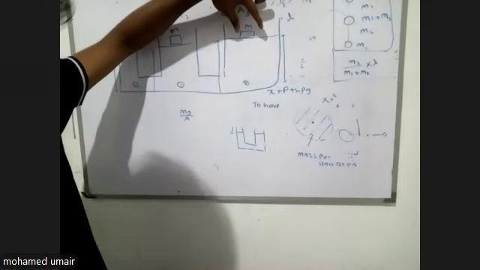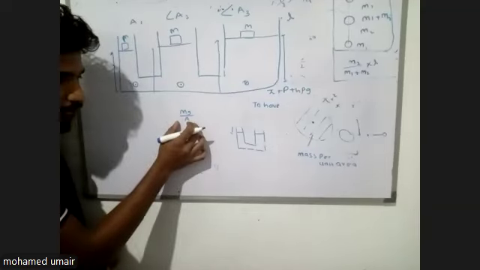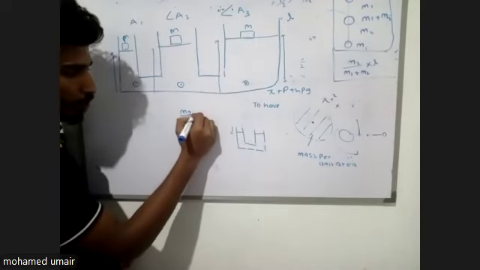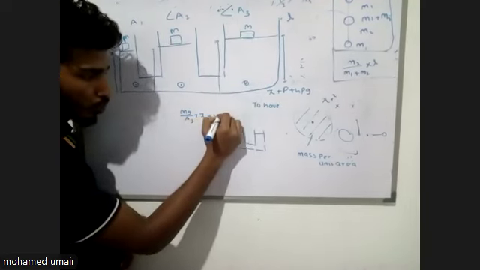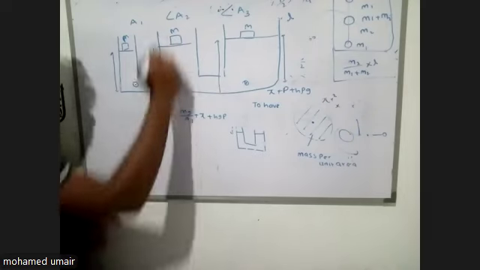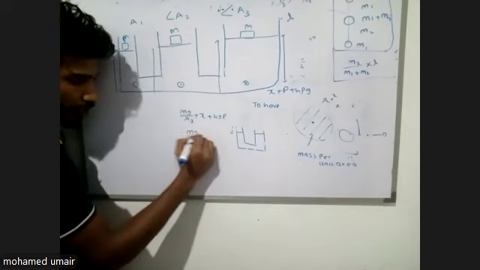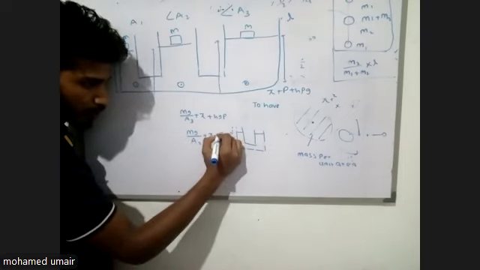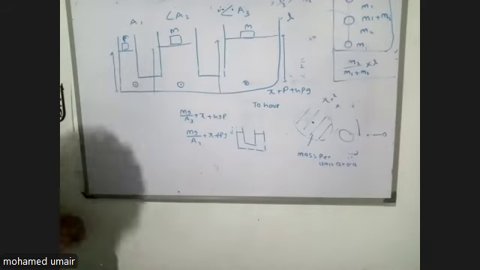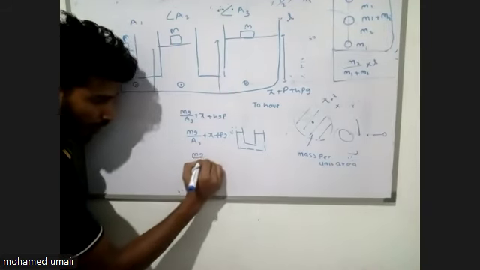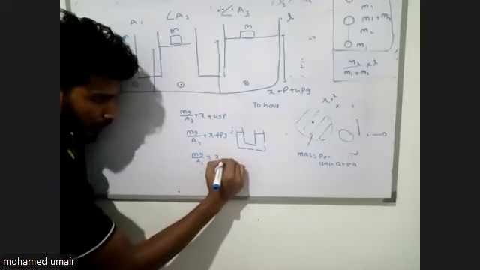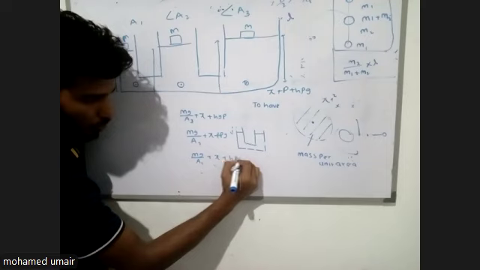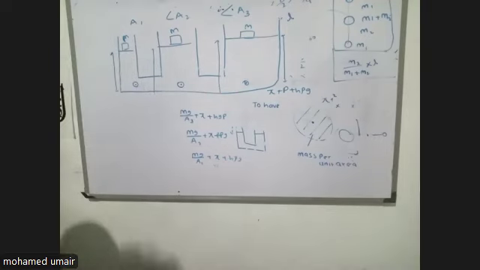The pressure exerted by the mass is mg divided by the area. So I'm writing mg over A3 plus P0 plus H rho G. If I write the pressure for him, the weight is mg, but the area is A2, plus P0 plus H rho G. And if I write for him, it is mg over A1 plus P0 plus H rho G. So what can you say about the pressure?